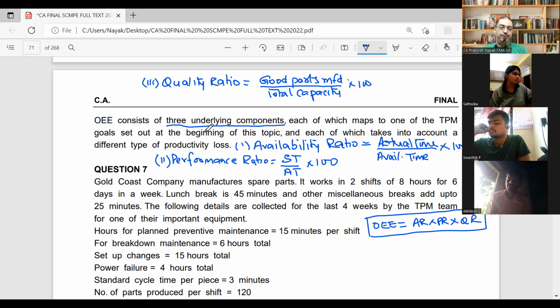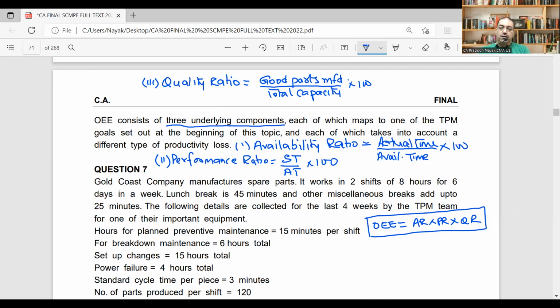Question number 7. Gold Coast company manufactures spare parts. It works in 2 shifts of 8 hours for 6 days in a week.